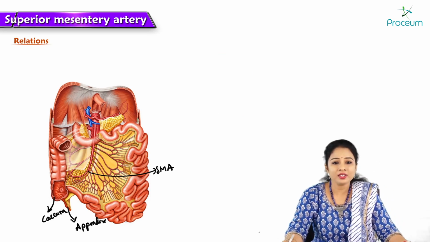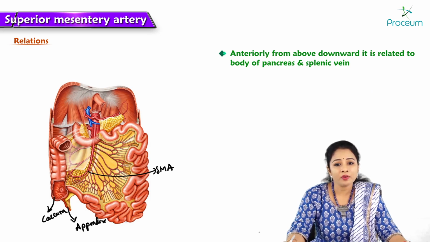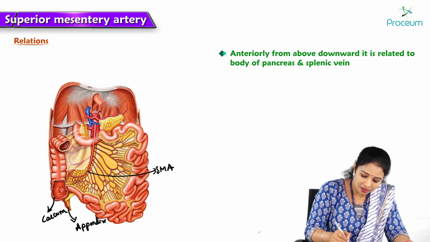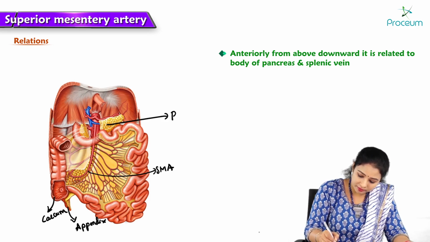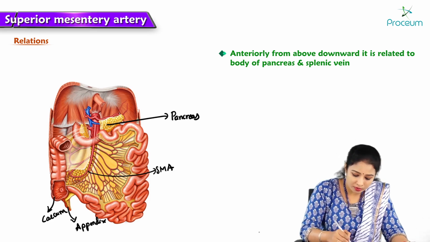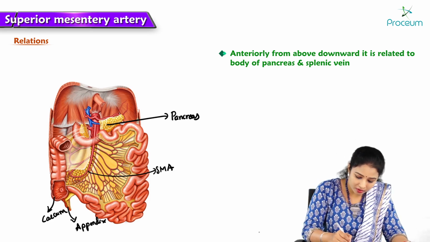Let's see the relations. Anteriorly, from above downwards, it is related to the body of the pancreas. The body of the pancreas is removed here, so this is the pancreas. Part of the body of the pancreas is removed to expose the superior mesenteric artery origin.